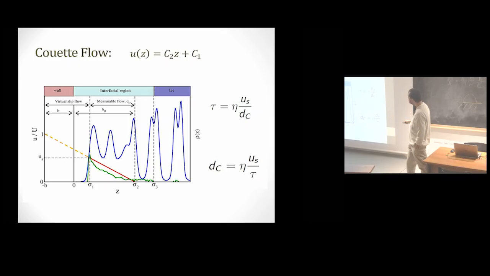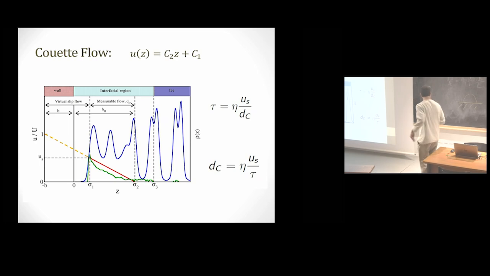Second, at this point where the flow profile ends, it cannot continue beyond the end of the lubricating layer here. This is my slip velocity, whichever it is. So at z equals sigma 1, and I'm going to define the distance dc as the distance from this point to this point. At that distance, my flow velocity is the slip velocity.